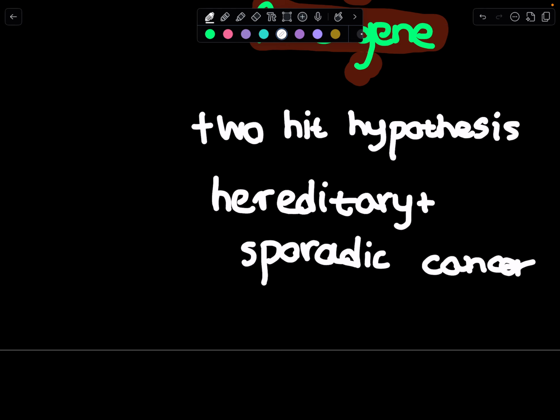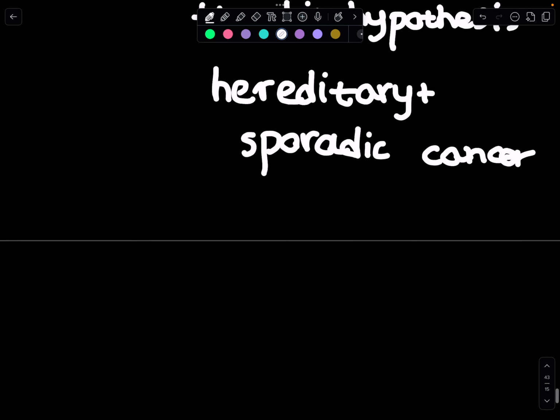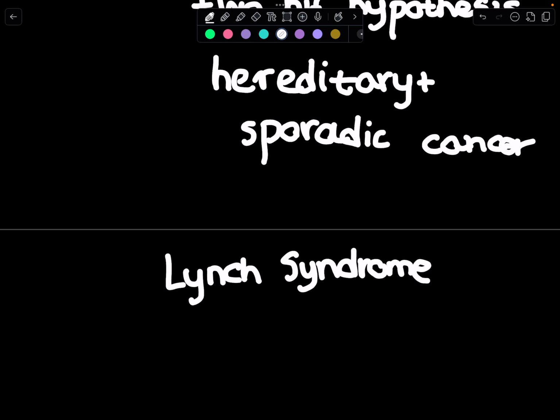Okay. And what's so bad if we have a faulty APC gene that it will lead to cancer? Yeah, you got it. The second hit in the two-hit hypothesis often causes loss of heterozygosity, where the remaining normal APC gene is lost or mutated, leaving no functional copy to control cell growth.